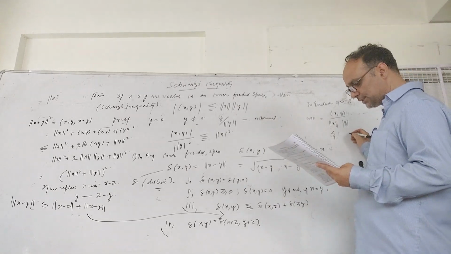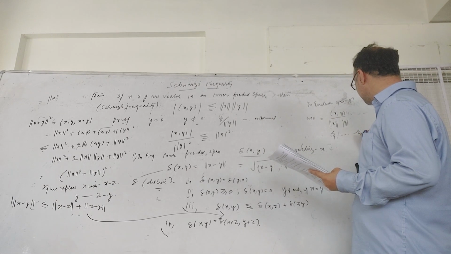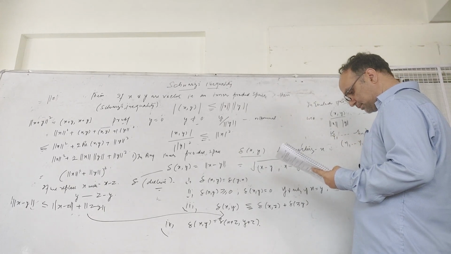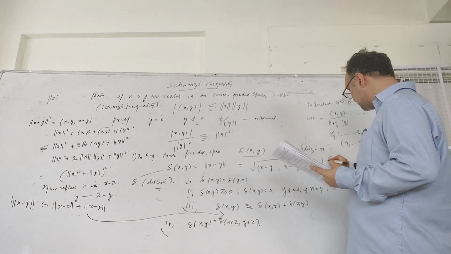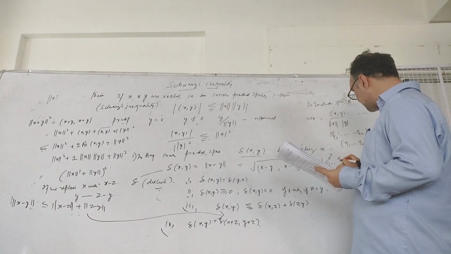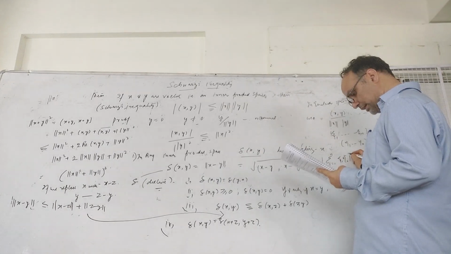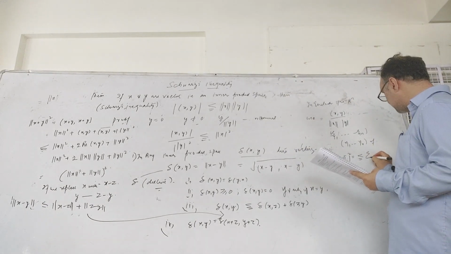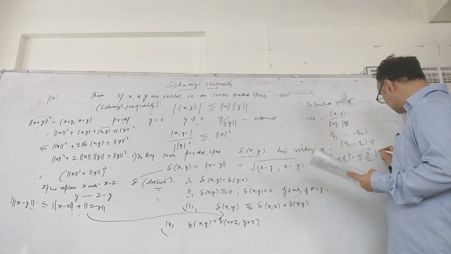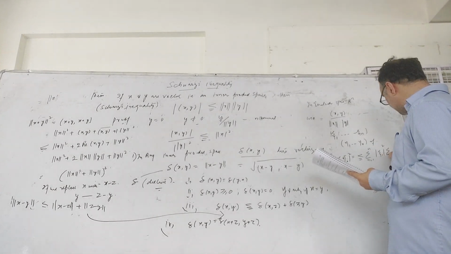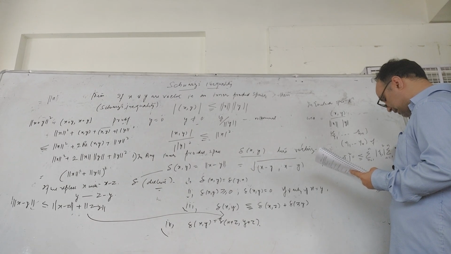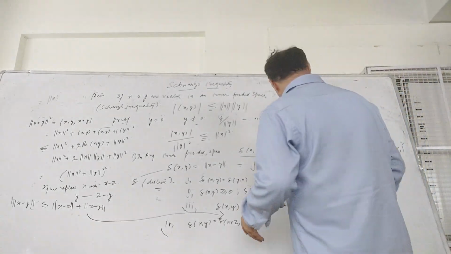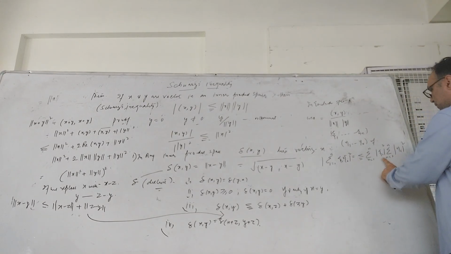If you have two sequences, zeta 1 to zeta n and neta 1 to neta n of complex numbers, then the sum from i equal to 1 to n of zeta i neta i, whole square, is less than or equal to the sum of zeta i square times the sum of neta i square.